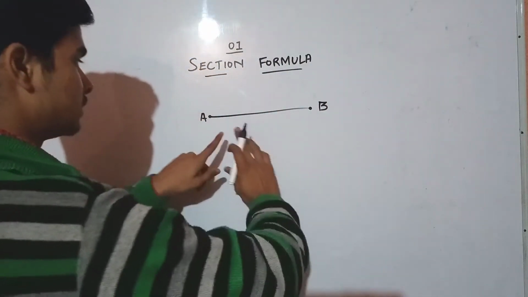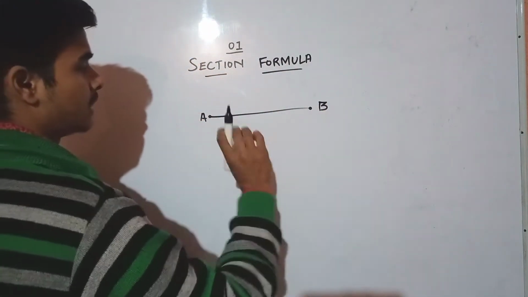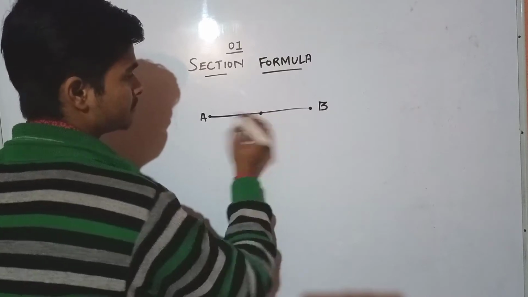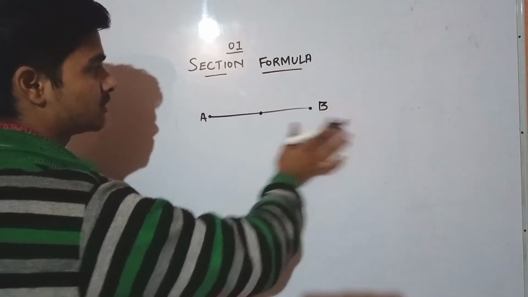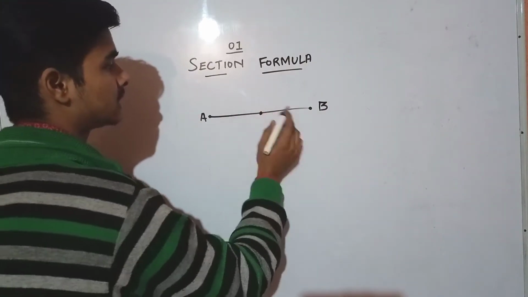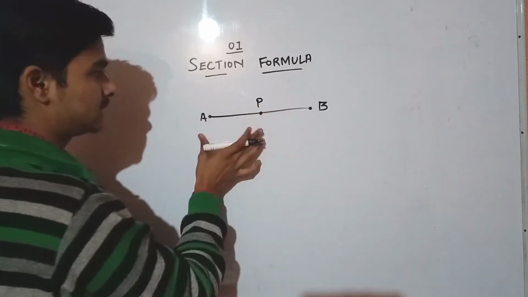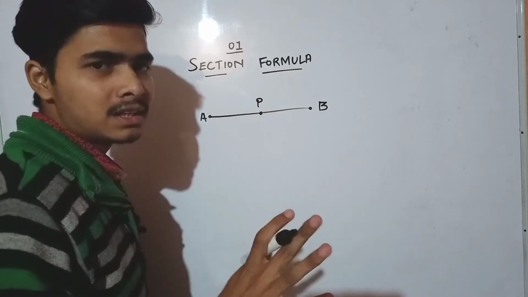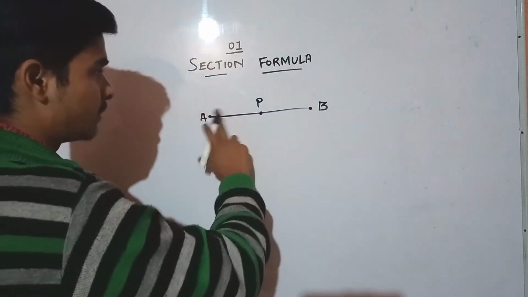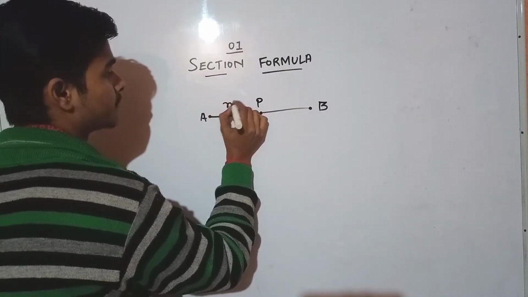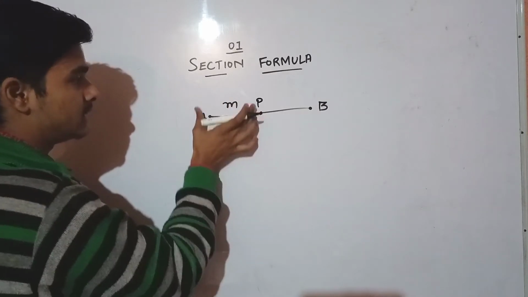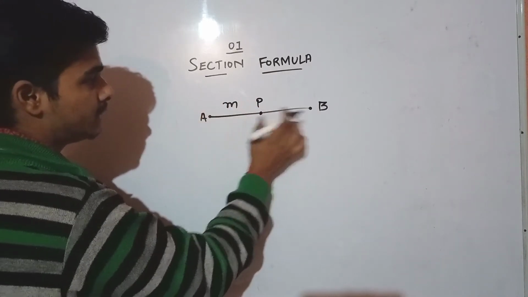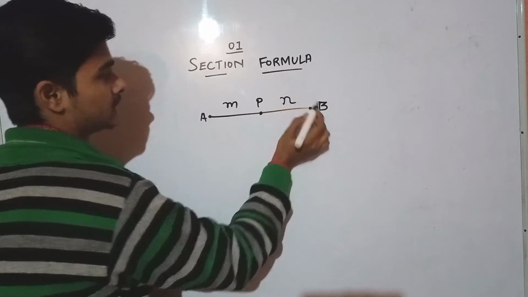Now let us see what is the formula. See here, suppose there is a line AB and a point P somewhere here, not in the middle, somewhere in this line, divides this whole line into two parts, and let the ratio in which it divides the two parts be m, means from A to P the ratio is m and from P to B the ratio is n.